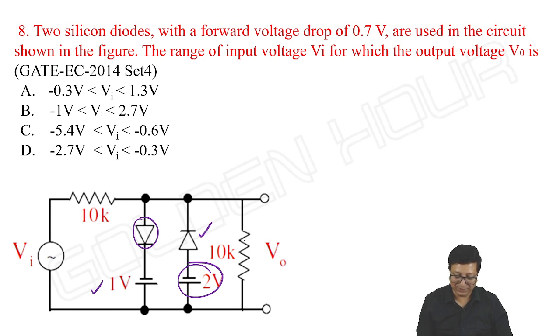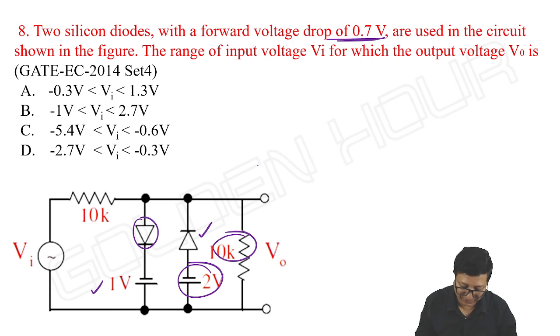But because of this resistor, breakpoint 1 becomes -4 and breakpoint 2 becomes -2. Okay, -4 and -2. But it is given that the forward voltage drop is 0.7. So what to do?